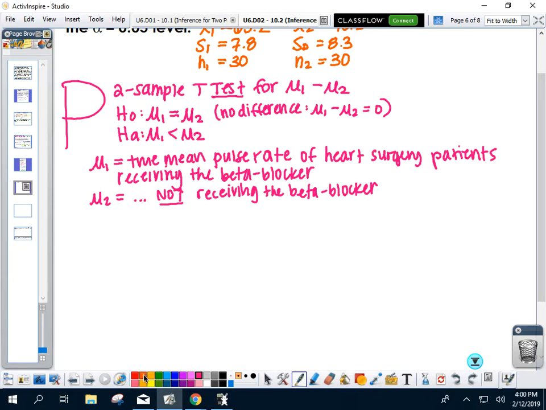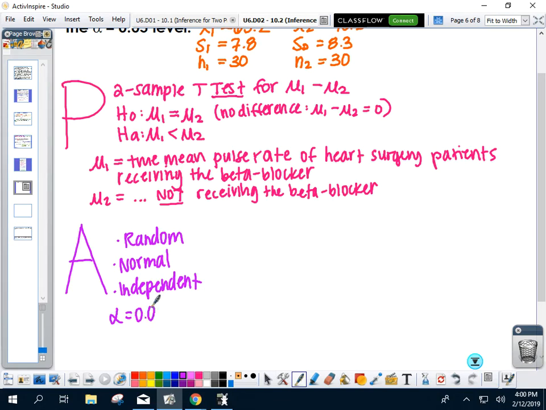Now we will do our assumptions and conditions. All right, same three: random, normal, independent, but we're going to add in the alpha level. Alpha equals 0.05.